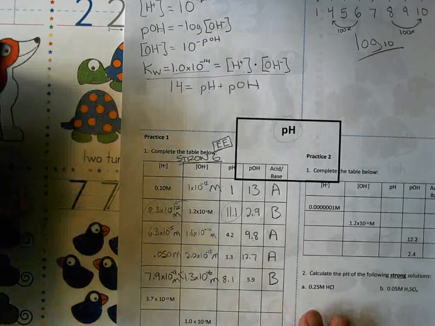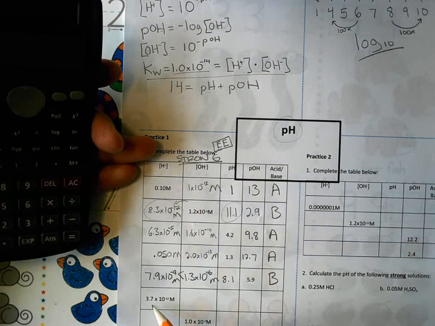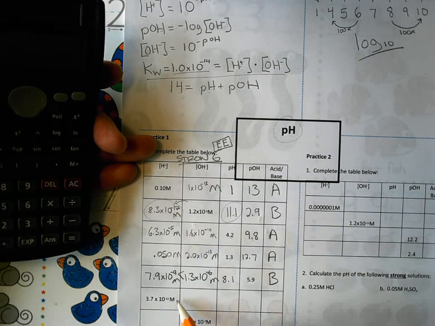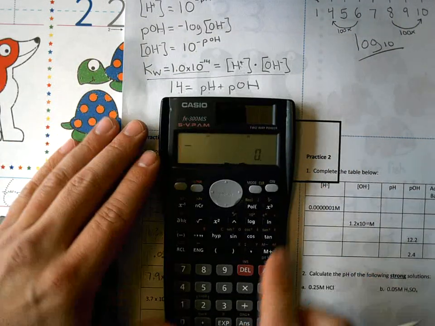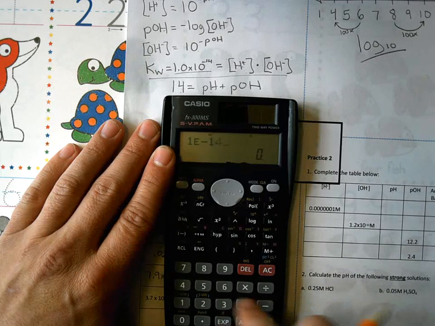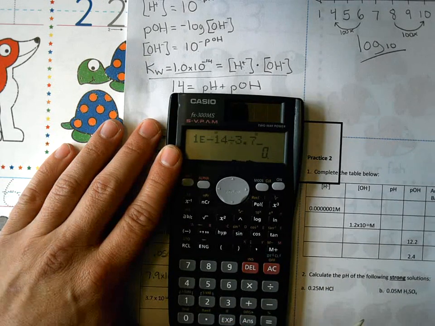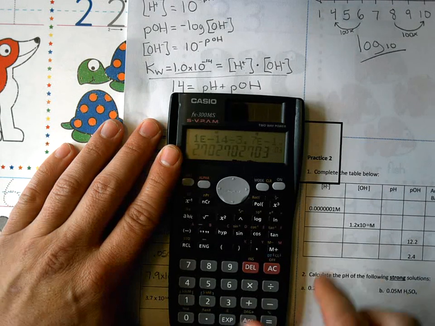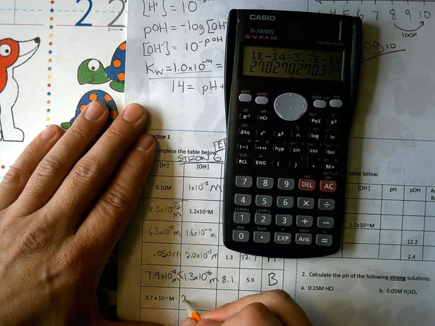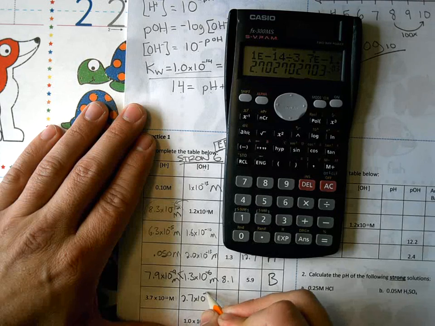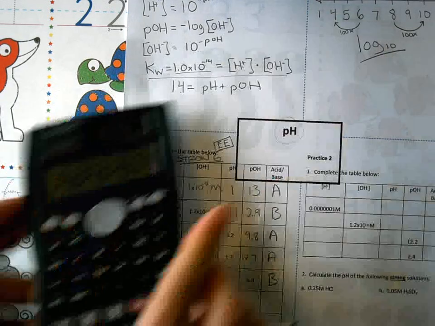Okay, the last two. If the H plus is 3.7 times 10 to the negative 12, I'm going to do 1 e to the minus 14 divided by that. And I get 2.7 times 10 to the negative third as the concentration of OH minus.